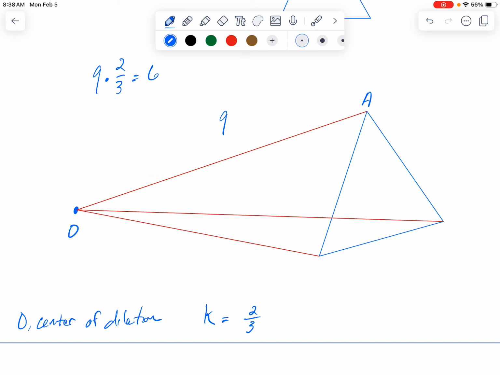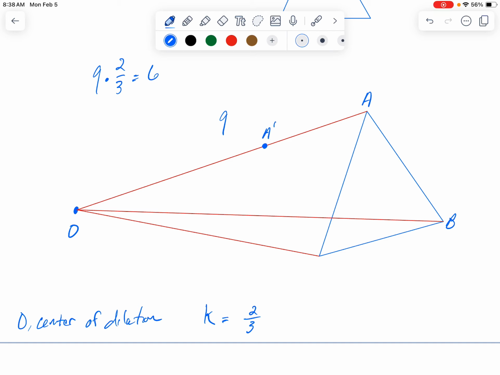So again, I don't have a ruler on this device, I'm just ballparking here. Okay, so this is where my new value of A would go. And I would do the same thing with all of the other coordinates. So say that this length is 12, from the center of dilation to point B was 12.